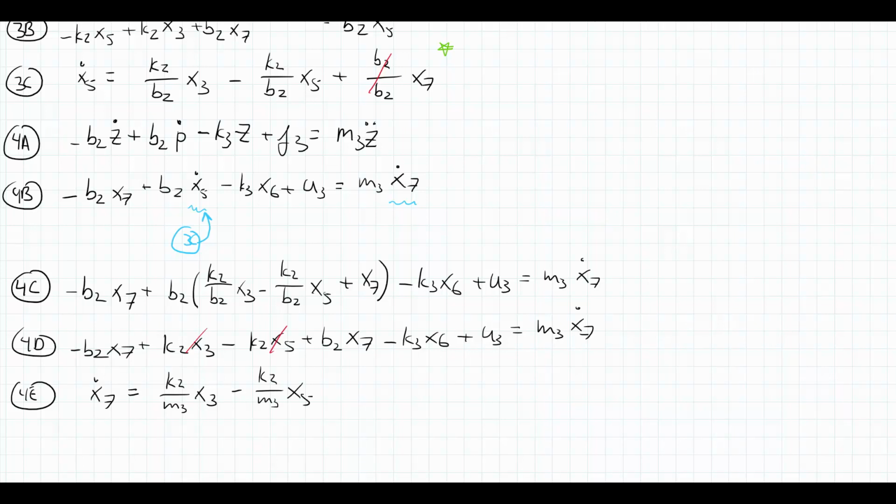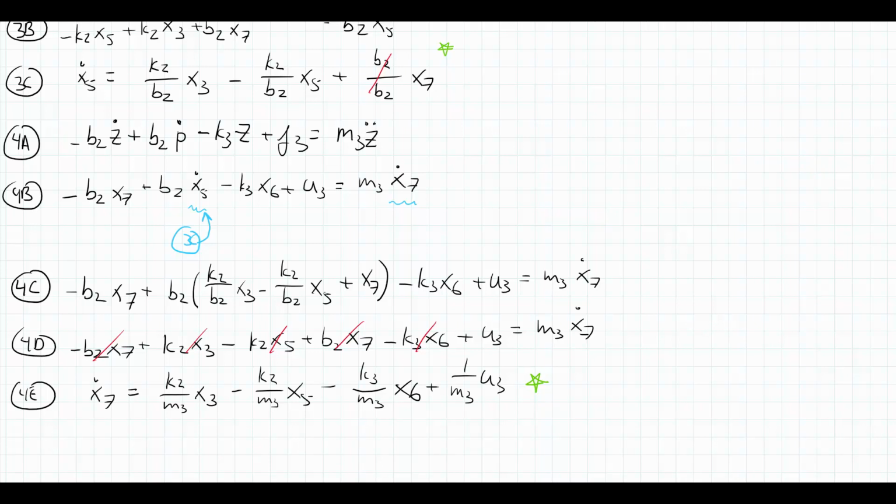I have an x6 term. So minus k3 over m3x6. That's taken care of. And then I have a negative b2x7 and a positive b2x7. So x7 actually is going to cancel out. And finally, I have a 1 over m3u3. And that, 4e, now has x7 dot isolated.